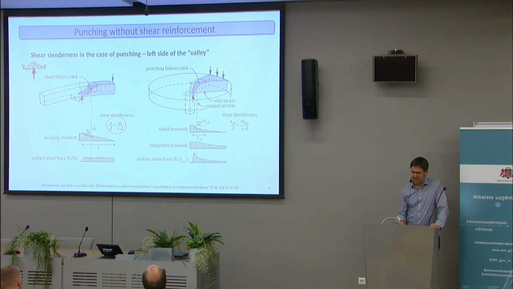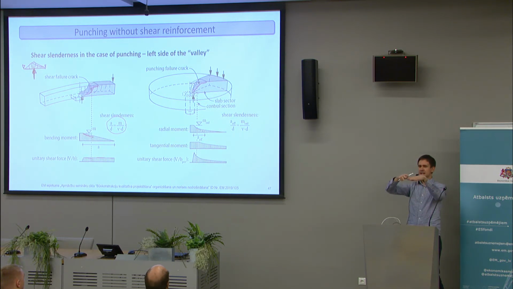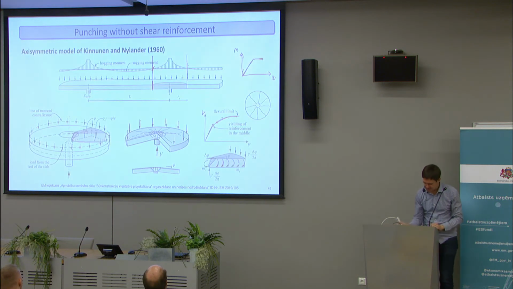In two-way shear or punching, the bending moments are actually transferred in two directions, because the deformed specimen has a conical shape. So the cross section would be like this.